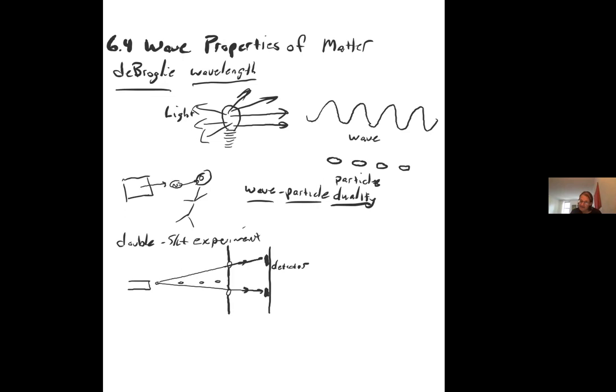But that's not what they got. What they got when they did this with the electrons is the same thing they got if you use light. And that is, they got a bright spot over here, and a bright spot over here, and over here, and over here. They got multiple bright spots. So they essentially got what's called an interference pattern.